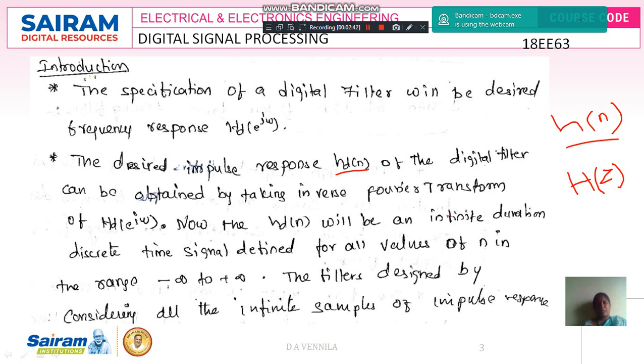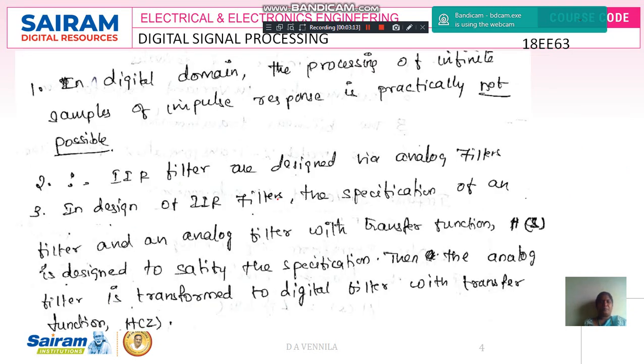Here HD of n is a discrete signal, the desired impulse response, and it will have infinite duration, extending from minus infinity to plus infinity. So in this filter design, we are going to consider all the infinite samples.